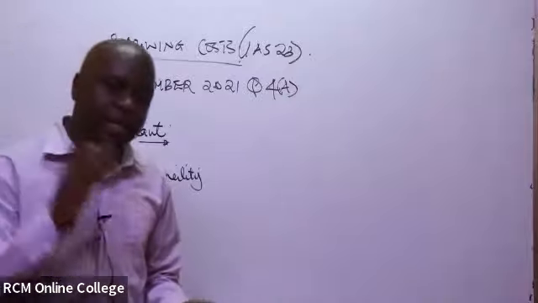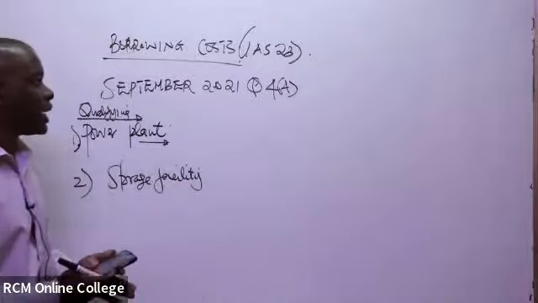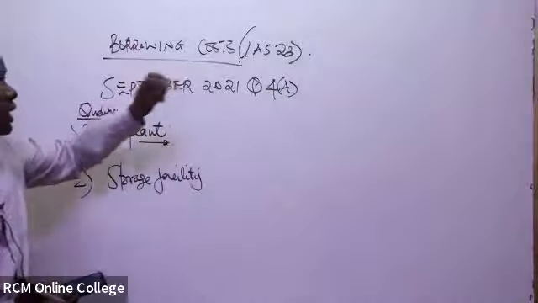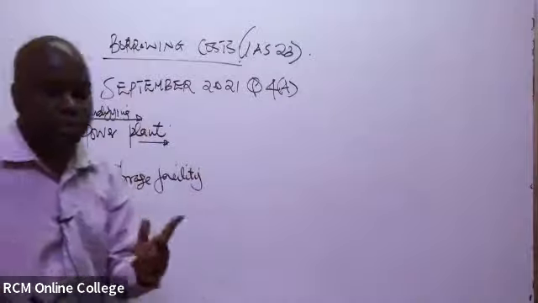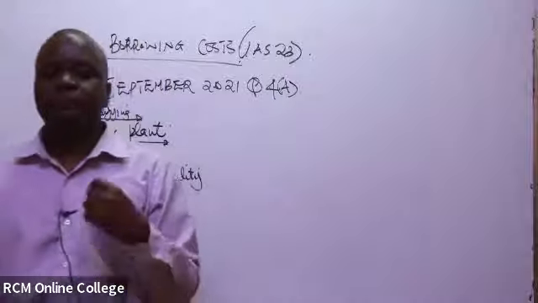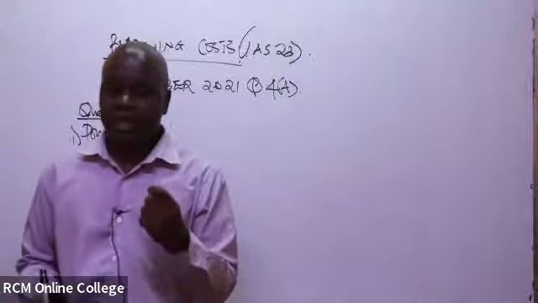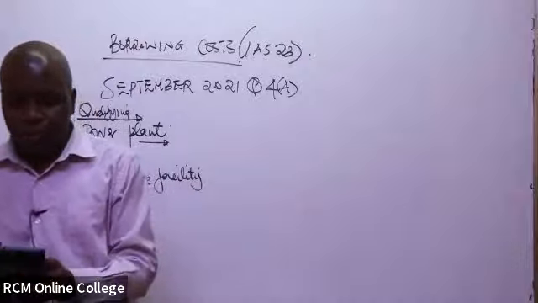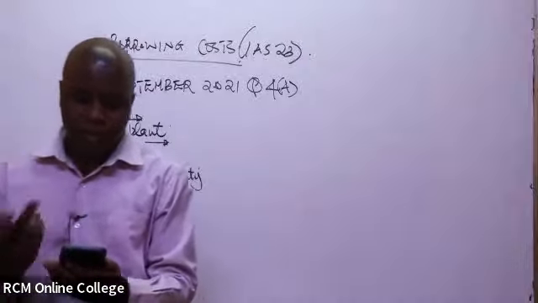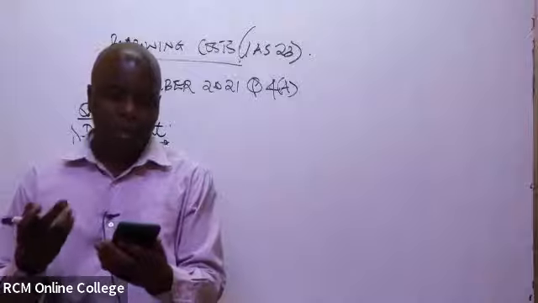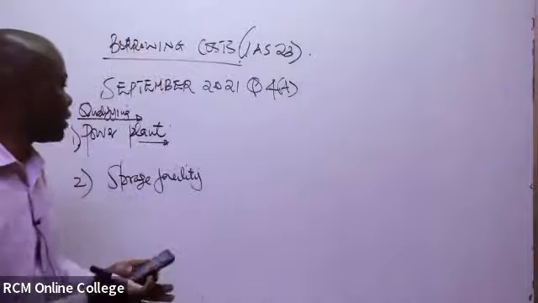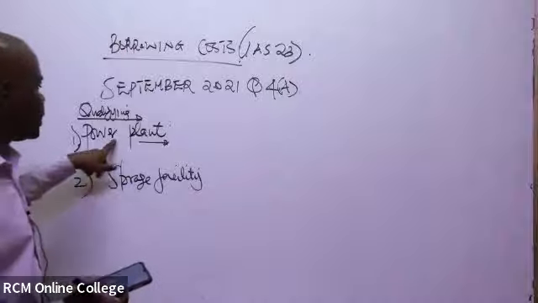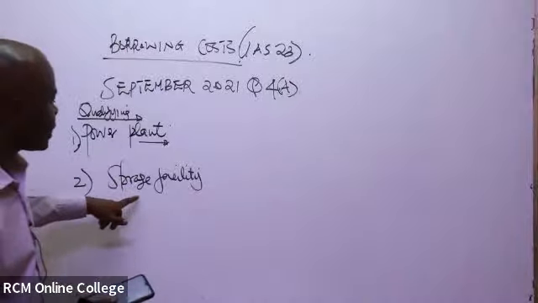So if in any case we have a situation where there is a borrowing and a cost has been incurred and a qualifying asset has been financed by two loans, you have to determine the capitalization rate. It is of much importance, because our first question requires us to determine the borrowing cost to be capitalized. So you'll compute the cost to be capitalized for this particular project and also for this other project.